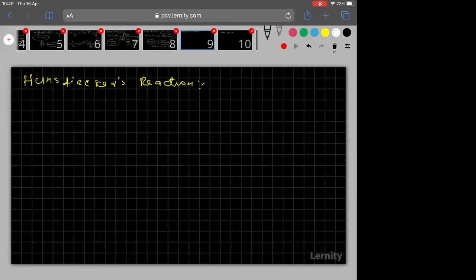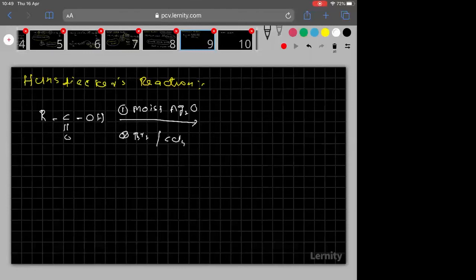Now see clearly, Hunsdiecker reaction, RCOOH, carboxylic acid. Remember everyone, in the Hunsdiecker reaction, two reagents are used. The first one is moist Ag2O. The second one is bromine in presence of a non-polar solvent like CCl4, followed by heating.